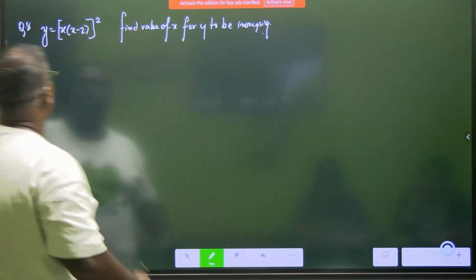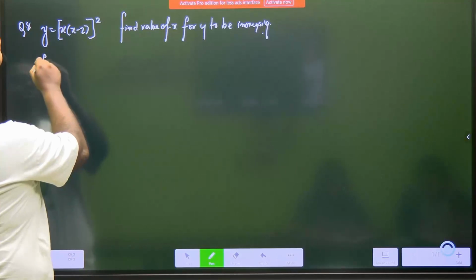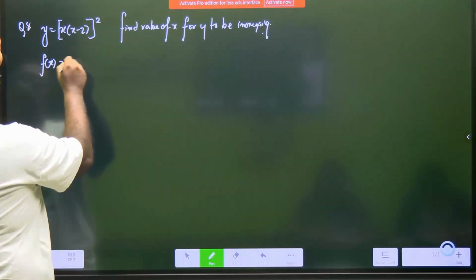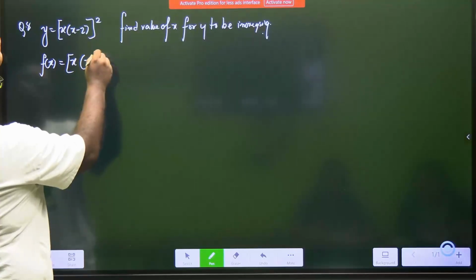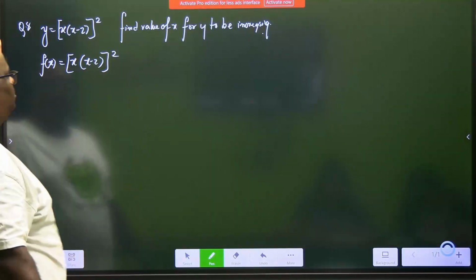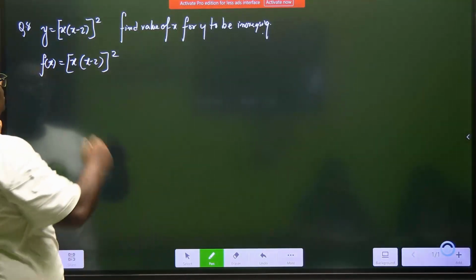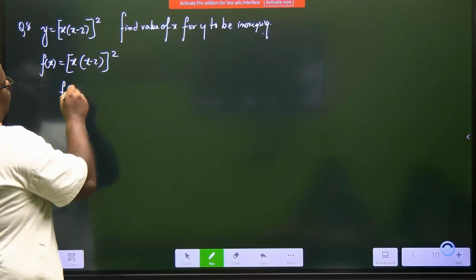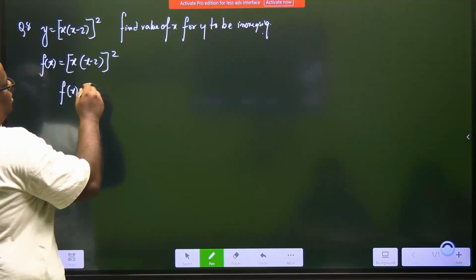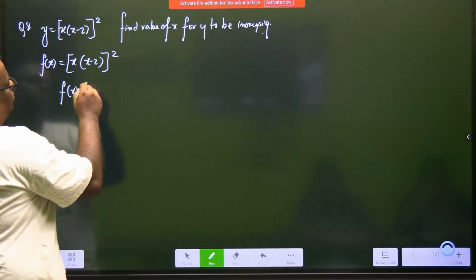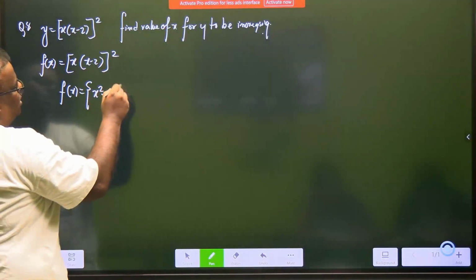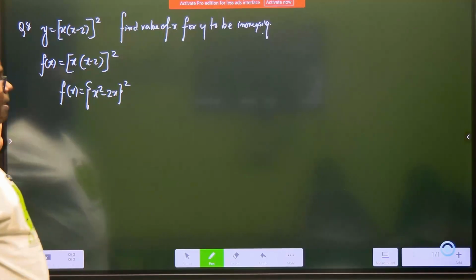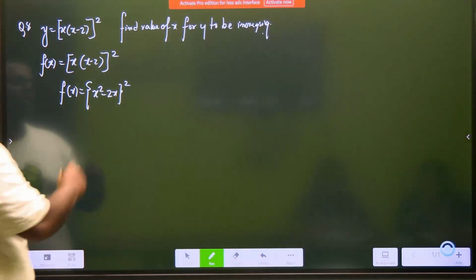Okay, let's do this. So we write f of x is equal to x into (x minus 2) whole square. Right. So break it further. f of x becomes (x square minus 2x) whole square. Fine.